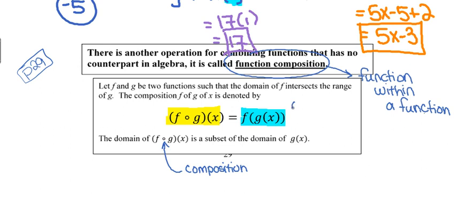The way that we say that is f of g of x, regardless of whether you're using the FOG notation or the parentheses notation. I really like and prefer the parentheses notation, and I'm going to explain why when we get to the top of the next page, but you are welcome and able to use either of them. They really both mean the same thing.